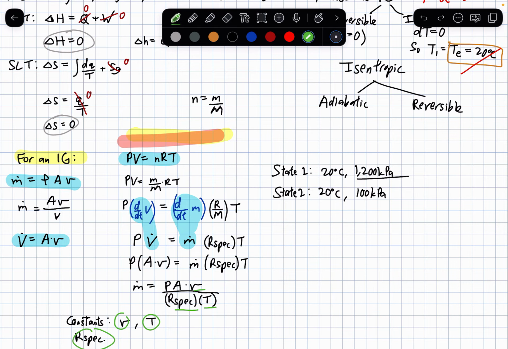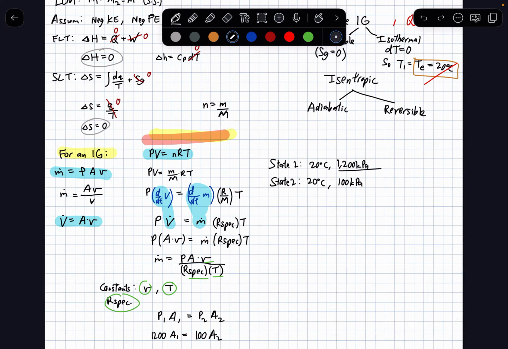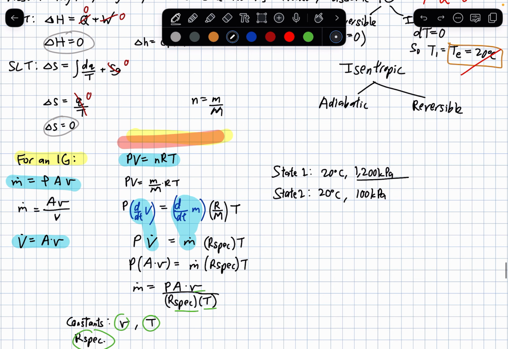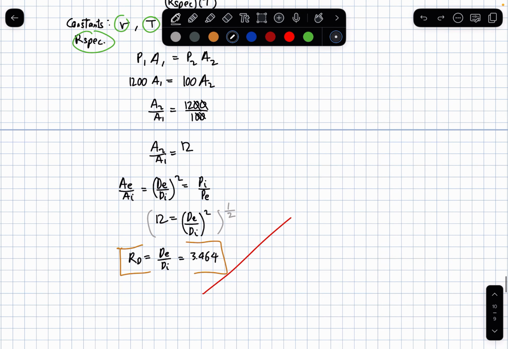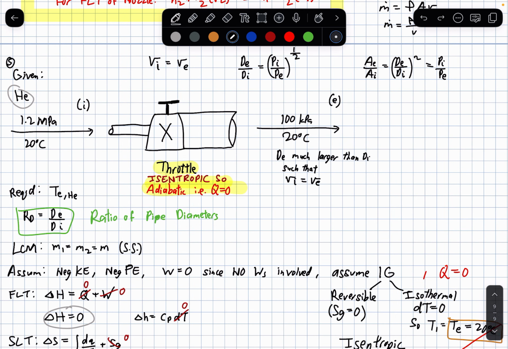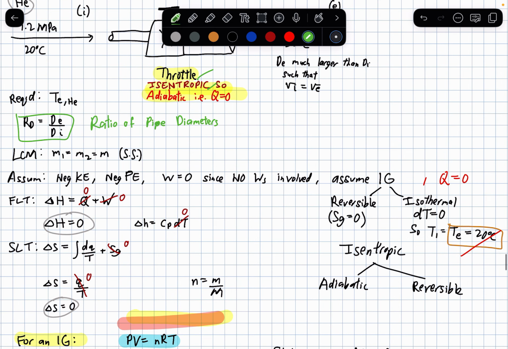So at this point, it's just important to memorize them, no? That's just specifically the nature of a throttle. It's isentropic. So these are all the assumptions.